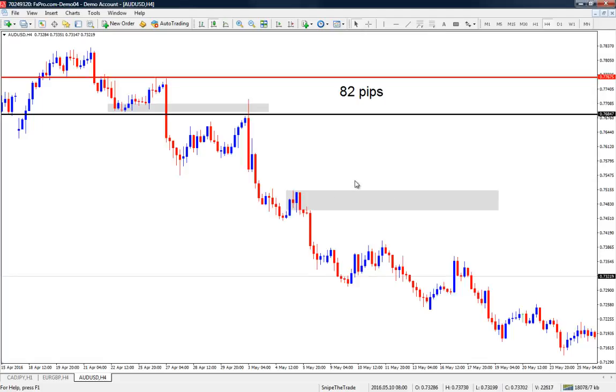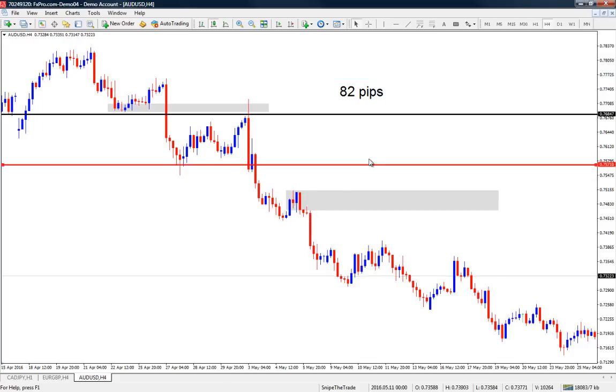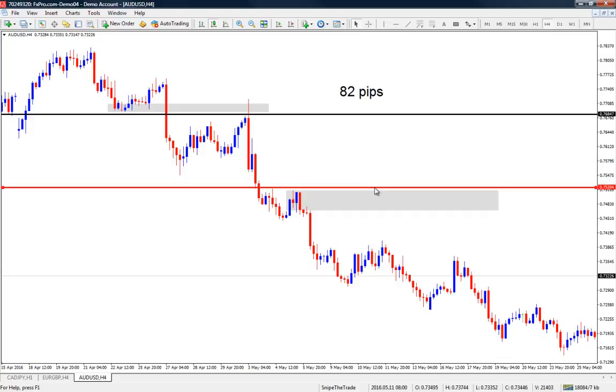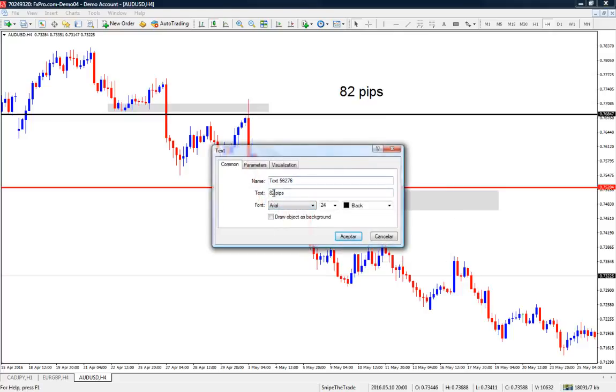So basically, when price comes all the way up here, retraces, creates this area of supply, and continues its down move, then we move our stops above this area of supply, okay? And now we have locked 165 pips. So we are going to see this right here, and we are going to write it on our charts so it's very visible to us.